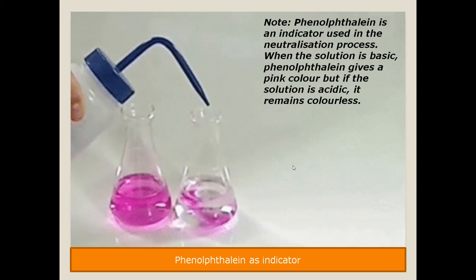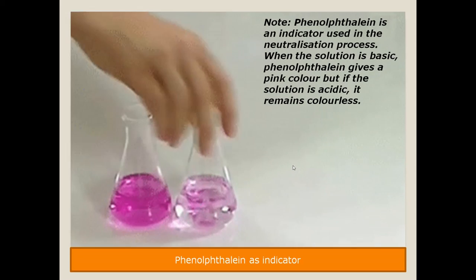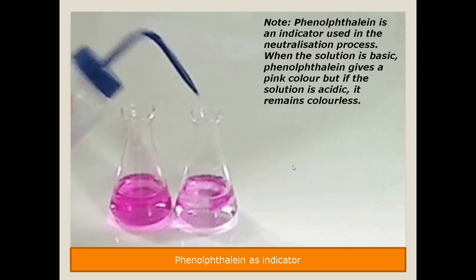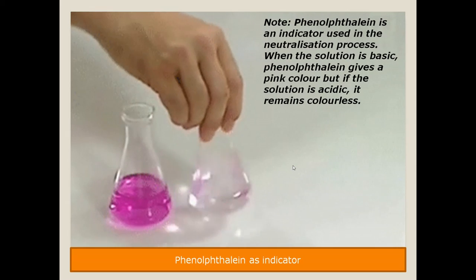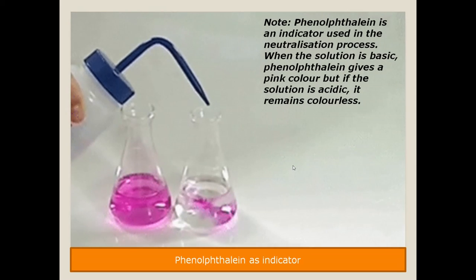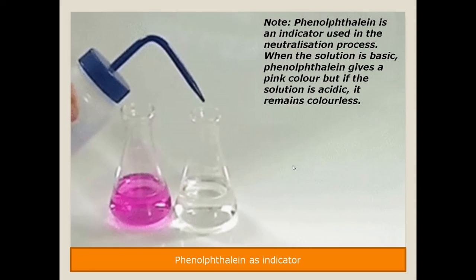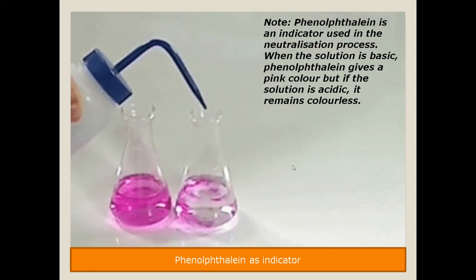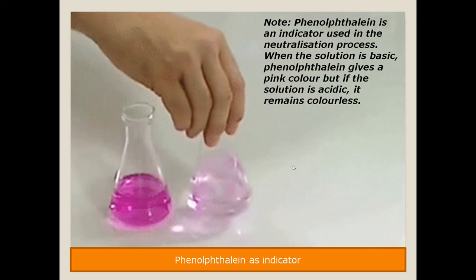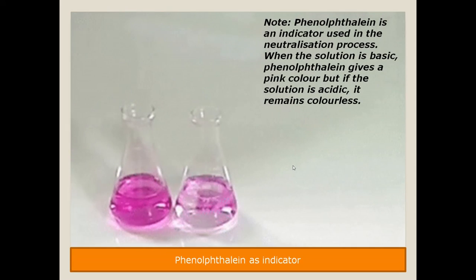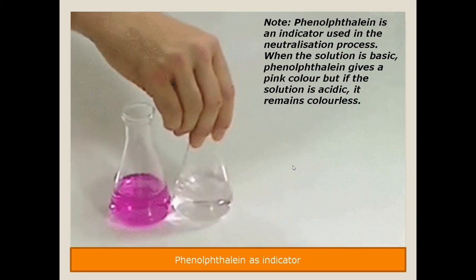So, during a neutralization reaction, by using phenolphthalein, we can understand whether the basic content is more or the acidic content is more. So, phenolphthalein can be used as an indicator in the neutralization process. Here in this image, you are learning that phenolphthalein gives pink color with basic solution.